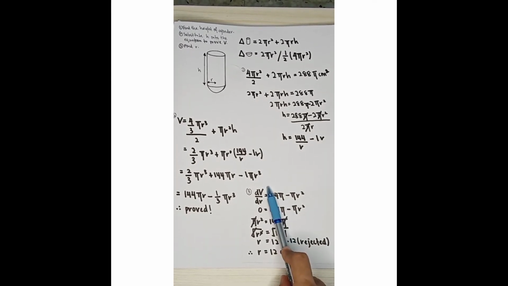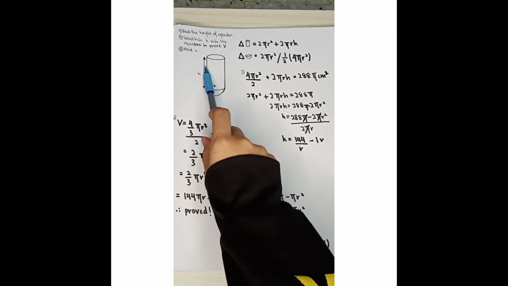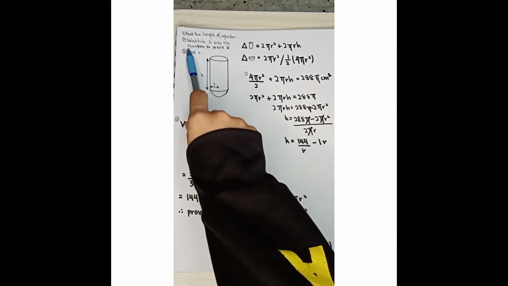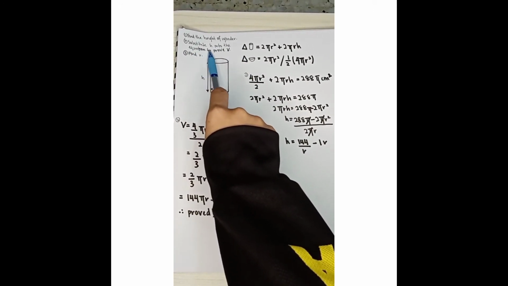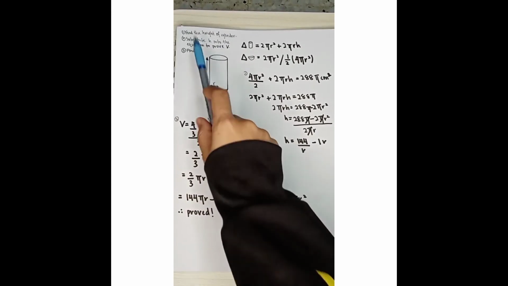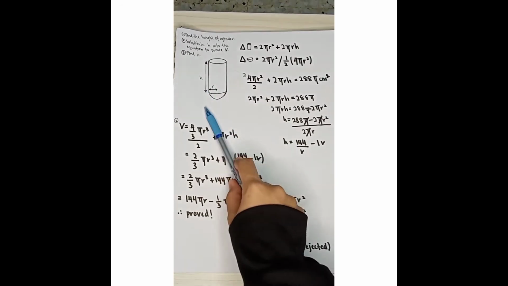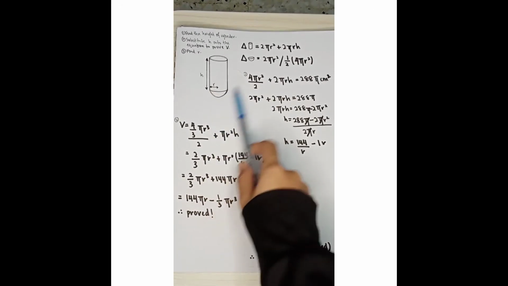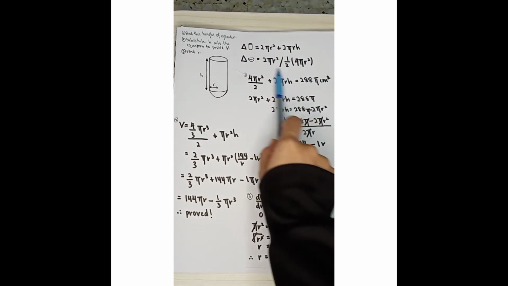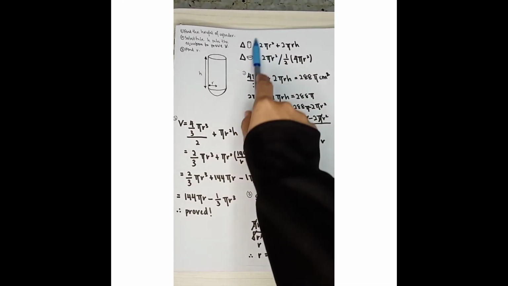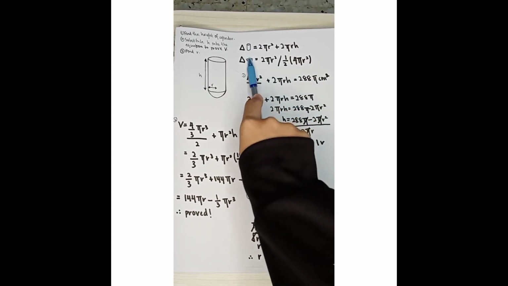So for the last question, firstly we need to find the height of the cylinder, and second we need to substitute h into the equation to prove V, and then we need to find the value of r. The first thing, you need to remember this is an open lid container, and here I have provided the equation for the hemisphere and cylinder.